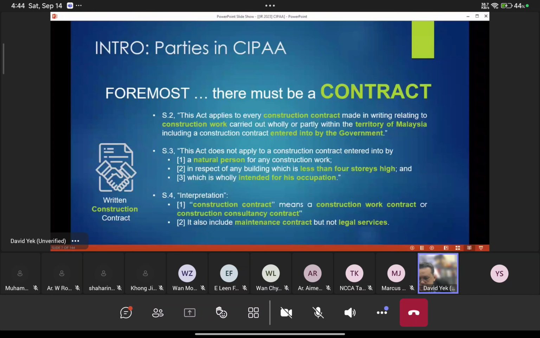Okay, so whether the contract is signed or unsigned, we still base it on the principle of contract law. If the Contracts Act 1950 says that all contracts have to be signed, then it has to be signed. But for the application of SIPA, it has to be written. There must be some kind of reference to that contract having been written, not a verbal contract.